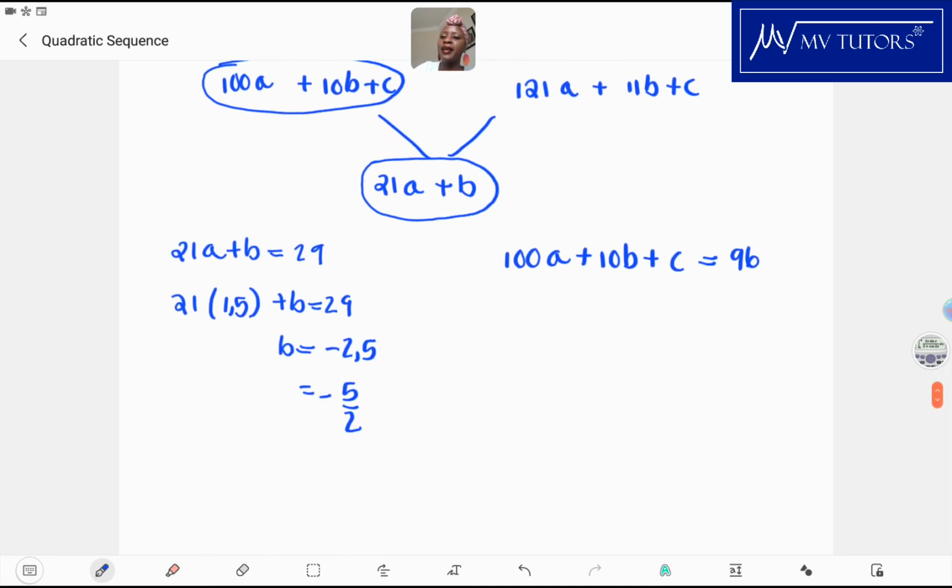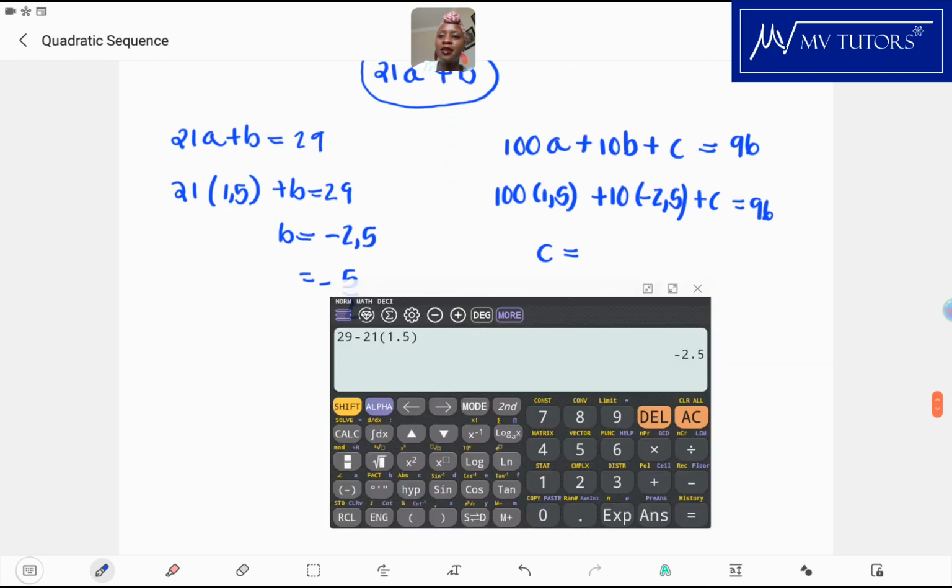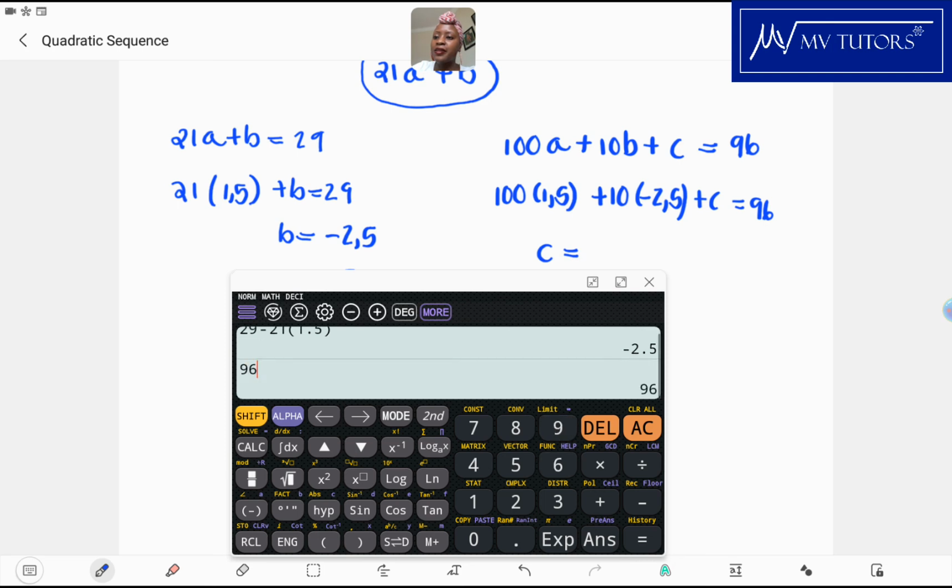We have a is 1.5, b is negative 2.5, and c is 96 minus 100 times 1.5 minus 10 times negative 2.5.